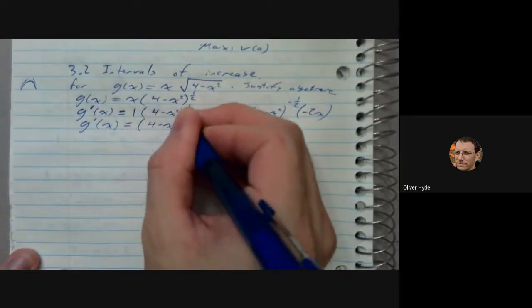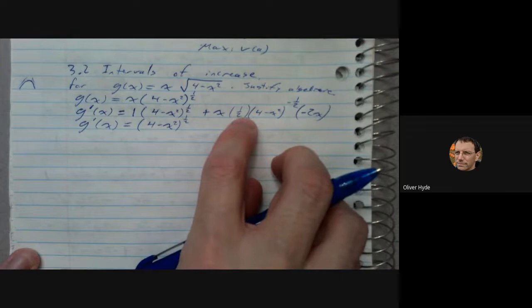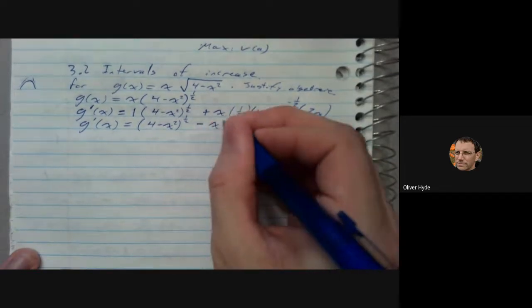Okay. And I think I'm going to tidy up before I start factoring. I don't really need this 1 here, so let me just write this as 4 minus x squared to the exponent 1/2. Negative 2 times 1/2 is going to be negative 1. X times x is x squared.